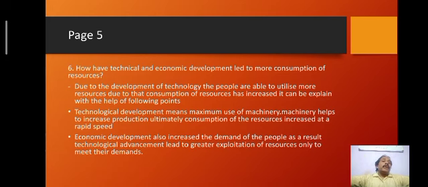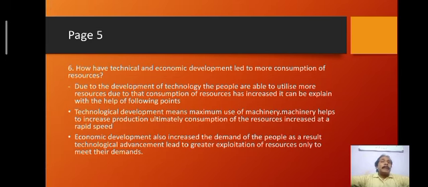In that topic I have already discussed that for the utilization of resources, technical advancement, skill and knowledge are most important. As time has passed, technical improvement is going on. So due to the development of technology, the people are able to utilize more resources.